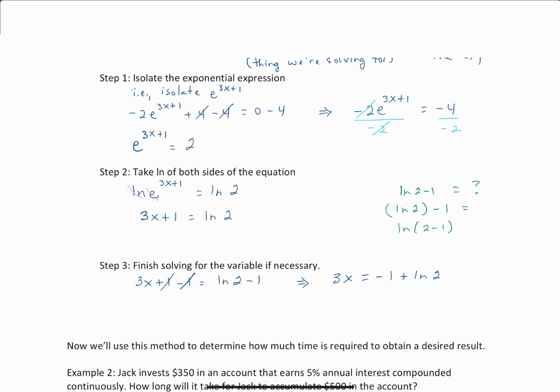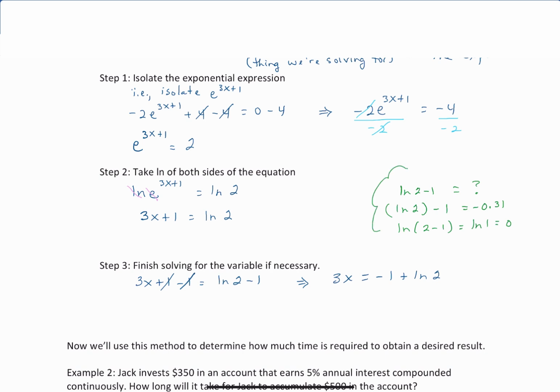So in case you're following along on a calculator, let's just figure out what both of those would be. ln of 2 is about 0.69, and then if I subtract 1, I'm going to get about negative 0.31. Whereas ln of 2 minus 1 with the 2 minus 1 in parentheses would be ln of 1, which would be 0.